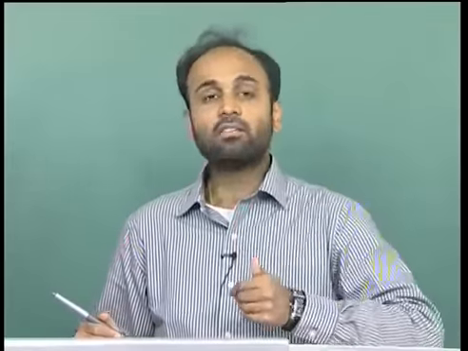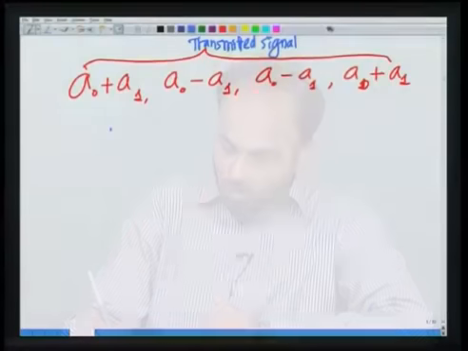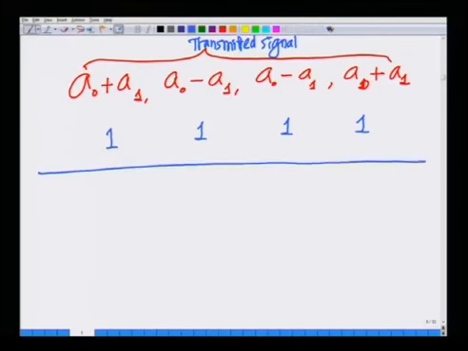So, at the receiver, at user 0, I am going to again multiply this by the spreading sequence of user 0. So, I am going to multiply this by 1, 1, 1, 1 and add everything up.